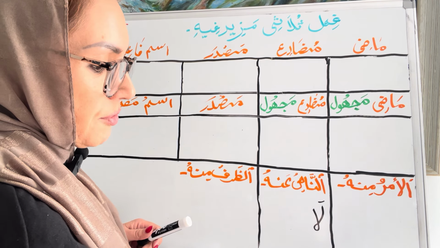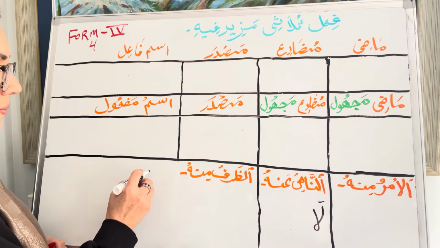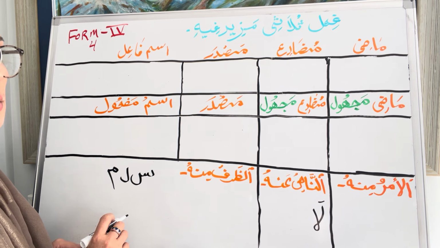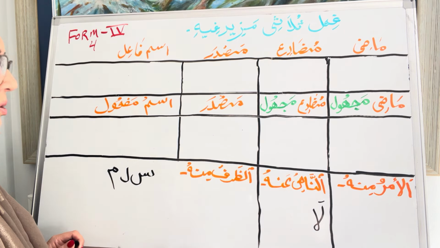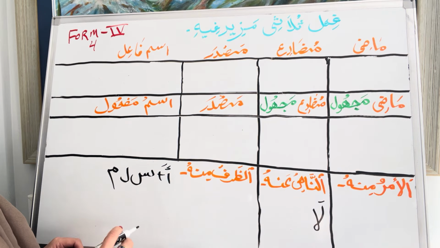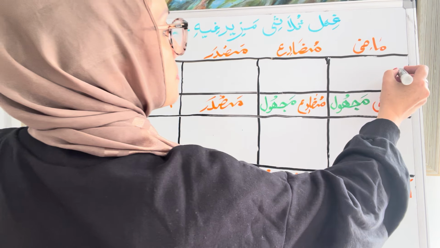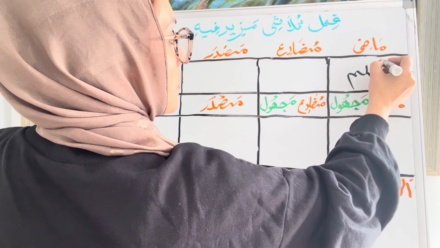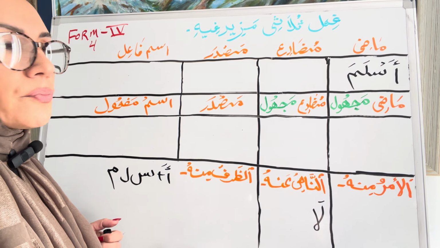The verb that we're going to be using, the root is salama, to mean to be in peace, comfort, peace, and all of that. Now we're going to be adding a hamza in front of it, so it becomes aslama. Right after the hamza, the next letter takes a sukun.